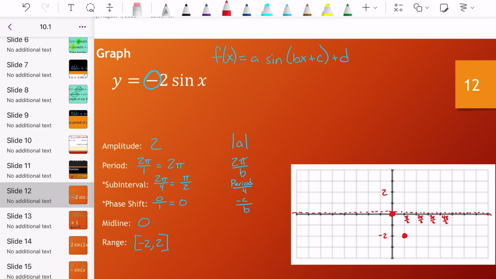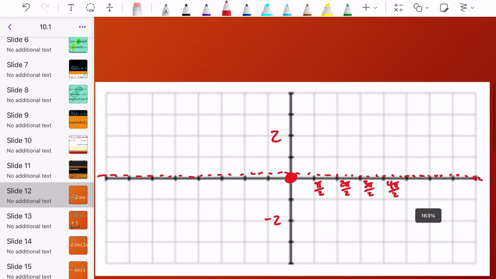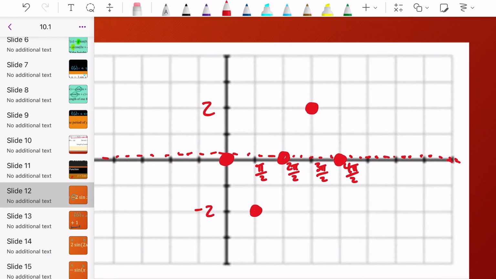come back to the midline, go to the maximum and drop back down once again to the midline to end the full cycle of our sine function. We would go ahead and connect all of these dots.